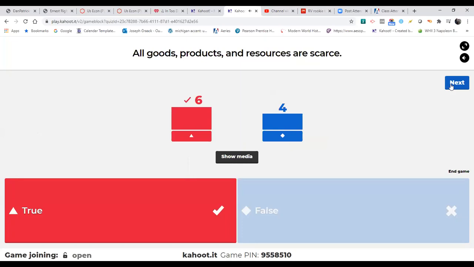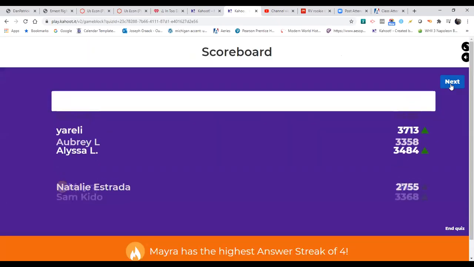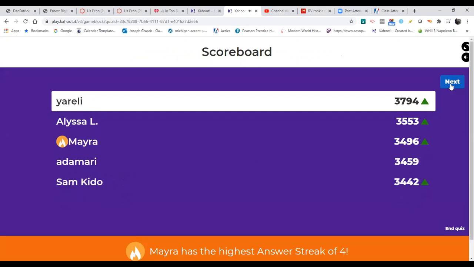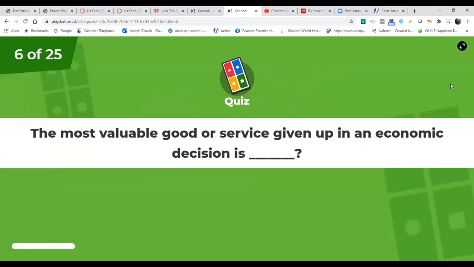Right now, if we had the capability, we could count every person alive. We could count every gallon of water in the oceans. We could count every oxygen molecule. Everything is scarce. So it doesn't matter how it's worded. All goods, products, and resources are always going to be scarce. No exception. Oh, look at that. You're really now at first.